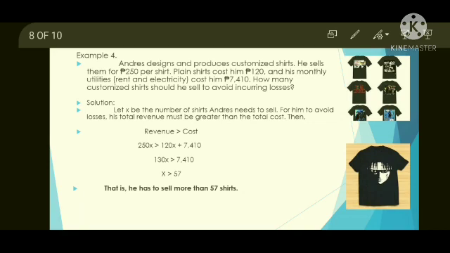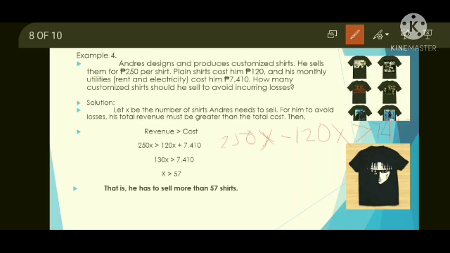So it becomes 250x minus 120x greater than 7,410.